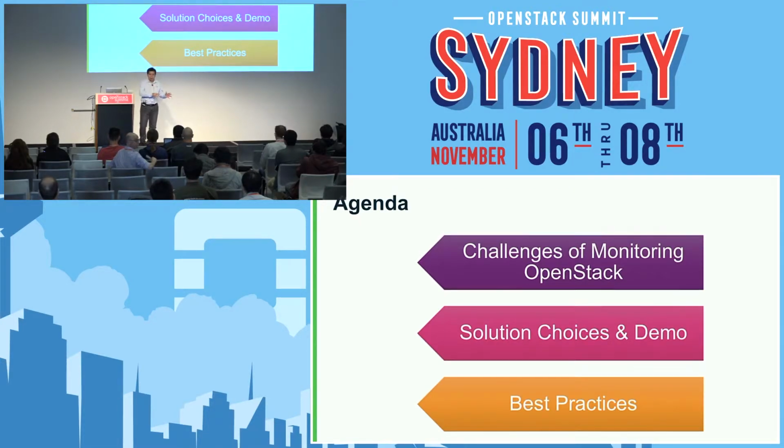In the open source world, we have plenty of solutions, but how do we choose? I will talk about how I derived my decision and run a demo for that. Followed by it, I will share some tips on using the monitoring tools to make the best use of them to build a better monitoring strategy for your OpenStack environment.